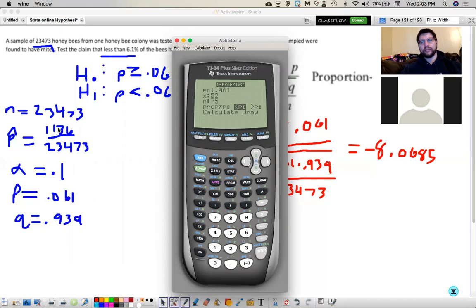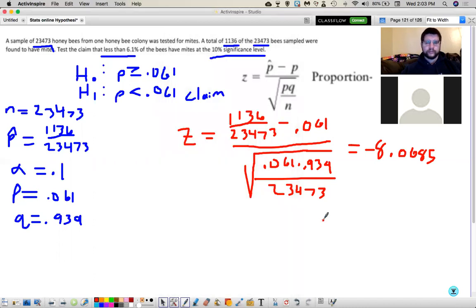If you're given a percentage, you're going to multiply that times N and round to the nearest whole number. N is 23473. It's a left tail, so that's good. And okay, yeah, we didn't screw up typing things in. It's just a ridiculously large test statistic. So that's my test statistic. Now let's find the critical values.